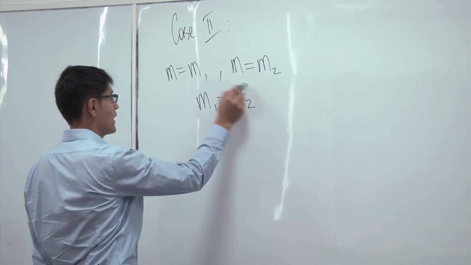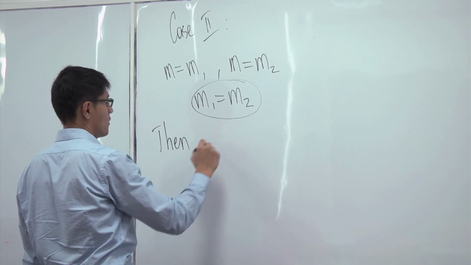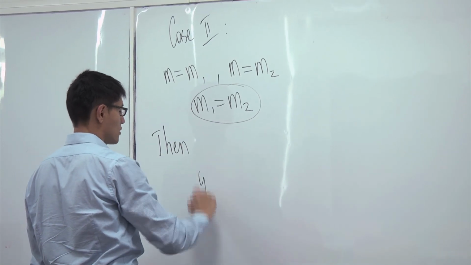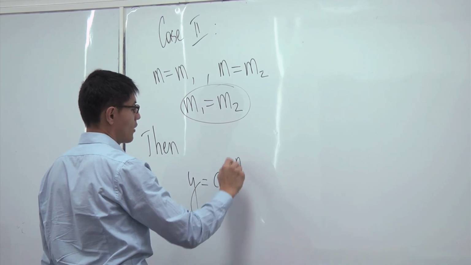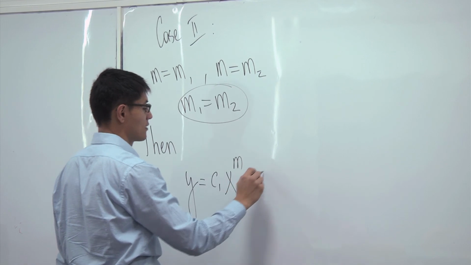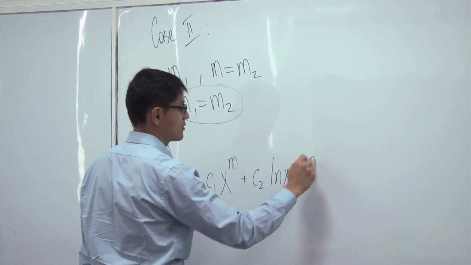So when you get repeated solutions, then the solution of the differential equation is going to be y equals C1 x to the power m plus C2 times ln x times x to the power m.